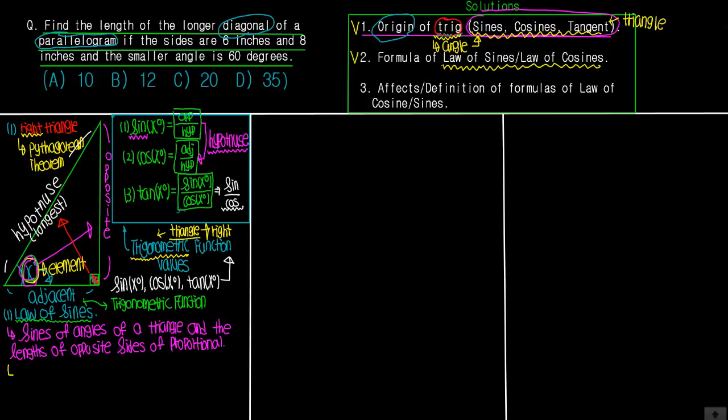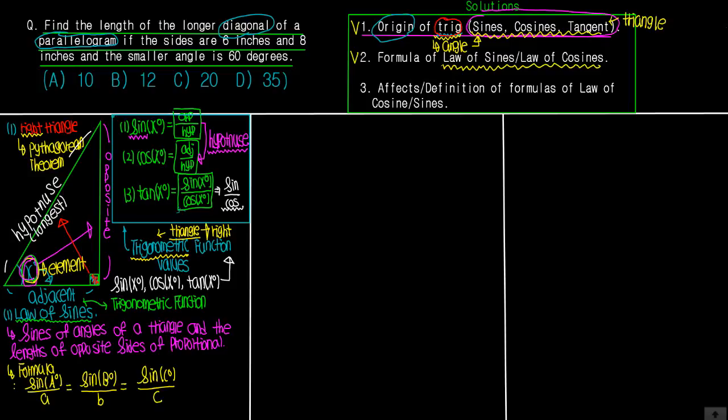So for the formula of our law of sines, this is going to be sine of A degrees, because it should always contain a sine of A degrees, over our small a, is equal to sine of our B degrees over our small b, and that should be equal to sine of C degrees over our c.